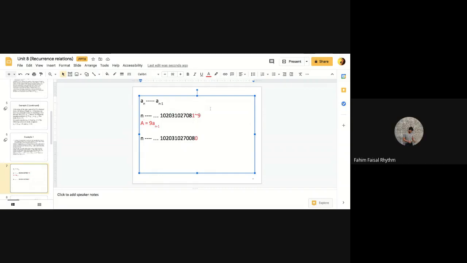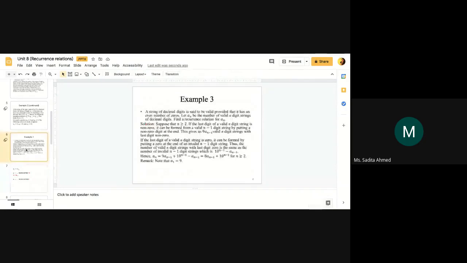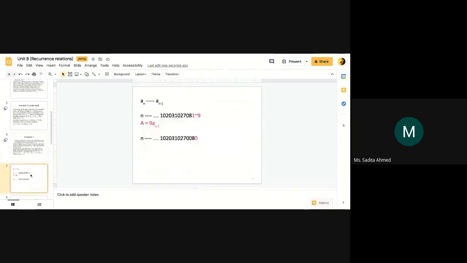Miss, because odd number মানে invalid string ও থাকতে পারে. Invalid string কেমনে থাকবে? মানে invalid string তো আমরা কাউন্ট করব না। আমাদেরকে তো বলেছে valid strings কাউন্ট করতে। Valid strings as in even number of zeros আছে এরকম কাউন্ট করতে। So invalid string তো আমরা কাউন্ট করবই না। a_n এর যে কাউন্ট আছে ওখানে invalid string থাকবেই না। মিস আমি যেটা বলতেছিলাম মিস যে odd numbers থাকলে ওটাকে even number করতে হবে বা সামথিং এরকম কোনো কিছু। না, odd number যদি থাকে তাহলে তো we already don't count them at all.